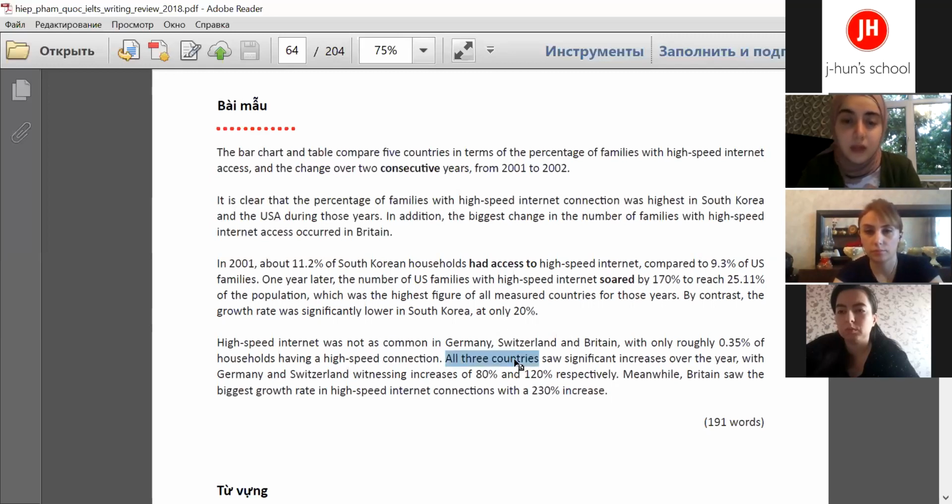All 3 countries saw significant increases over the year, with Germany and Switzerland witnessing increases of 80% and 120% respectively. Meanwhile, Britain saw the biggest growth rate in high-speed internet connection, with a 230% increase.